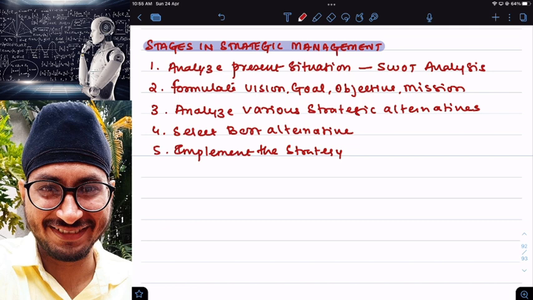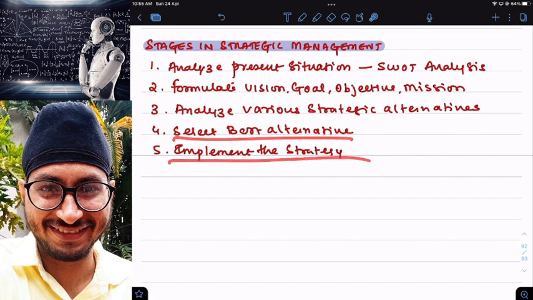So first what will I do? I will analyze my present situation by using SWOT analysis. Then I will formulate my vision, mission, objectives and goals. Then I will analyze my strategic alternatives, multiple options. I will select the best option, and that best option I will implement. This is nothing but the steps in strategic management.